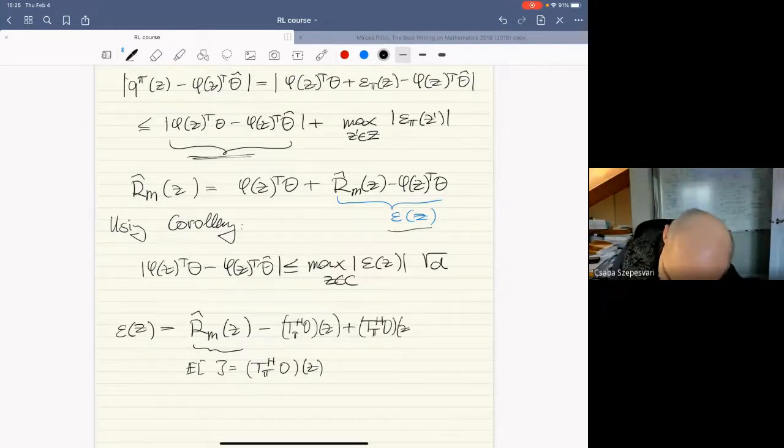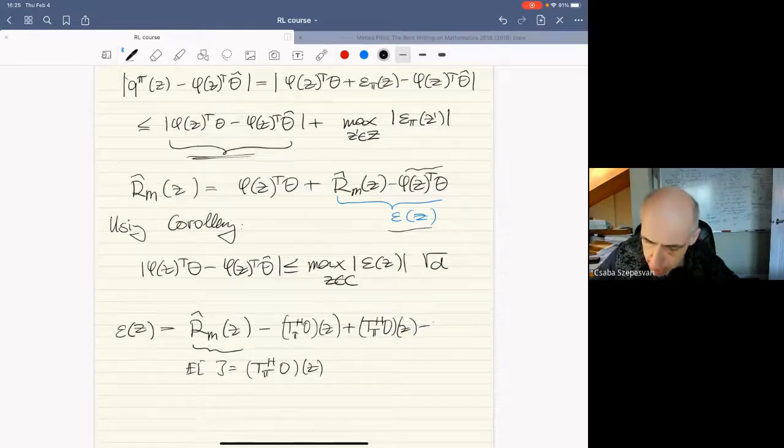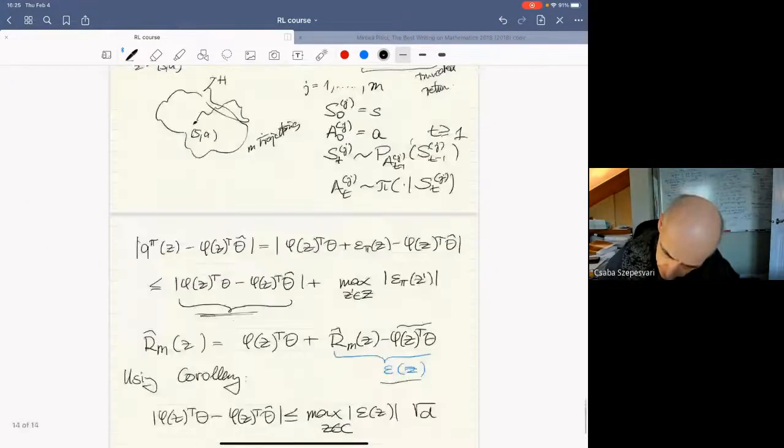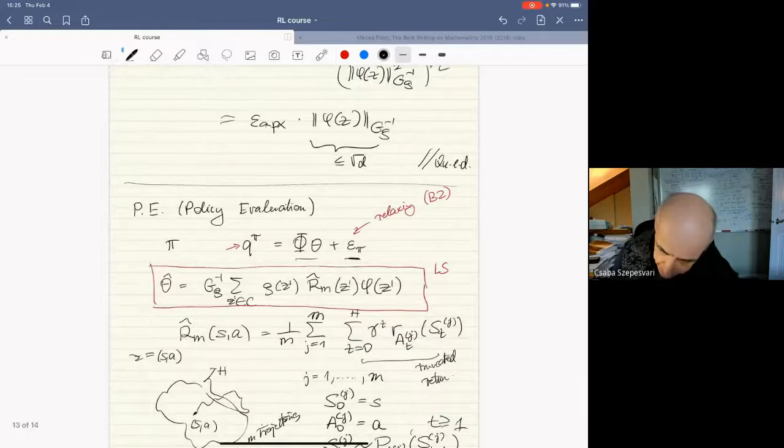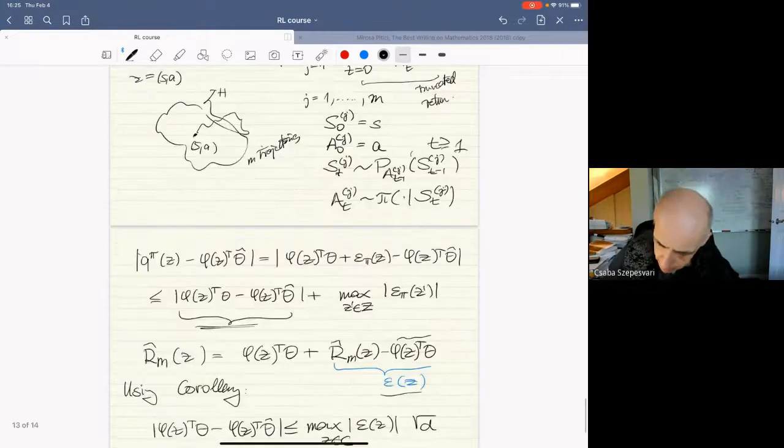What you take away, you have to add it back. Minus, and then instead of this, we can just write... So recall that q pi is equal to the inner product between the features and theta plus this epsilon.